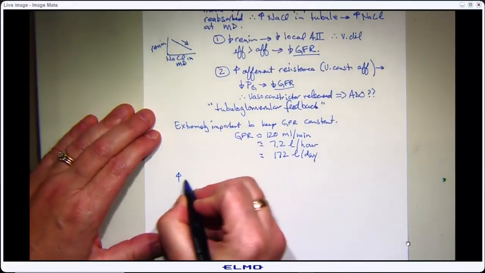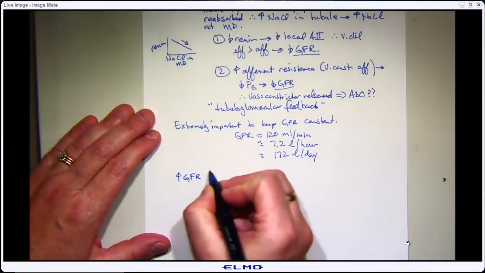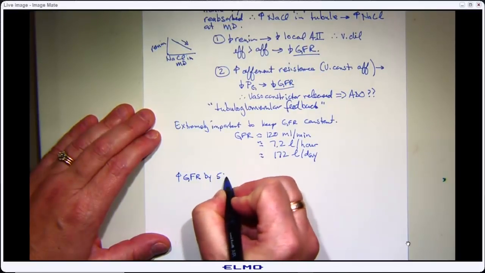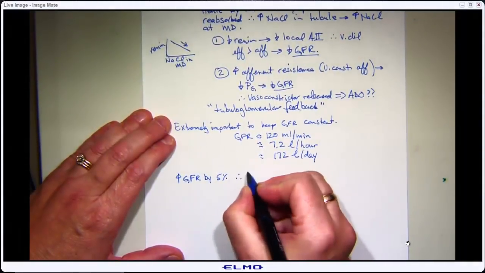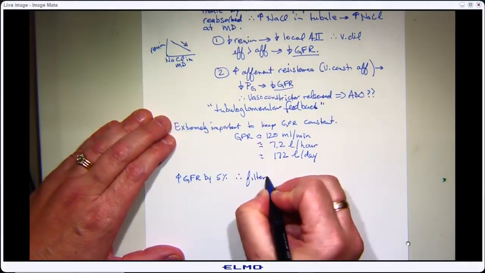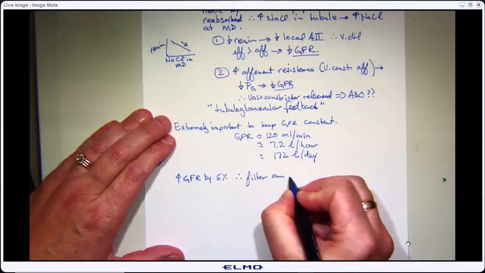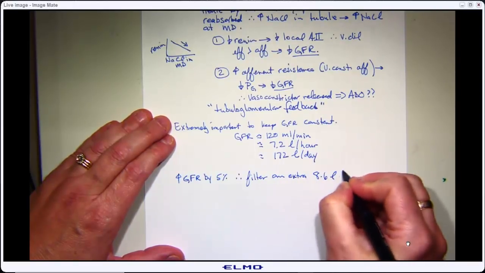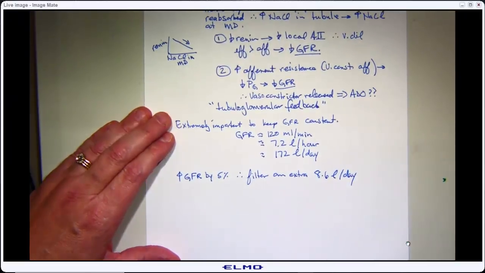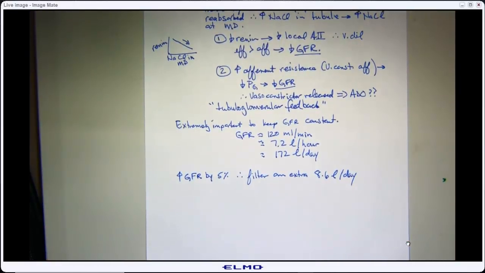Let's say, even if we were to increase GFR by 5%, that means I'm going to filter an extra 8.6 liters per day. So just by changing GFR by 5%, a small amount, the amount that your kidneys now have to handle is 8.6 liters more.